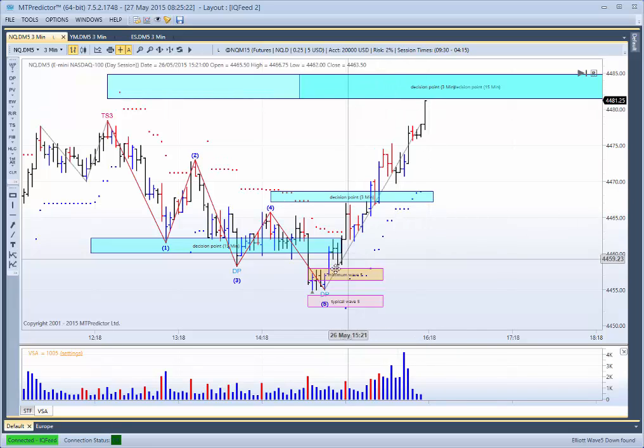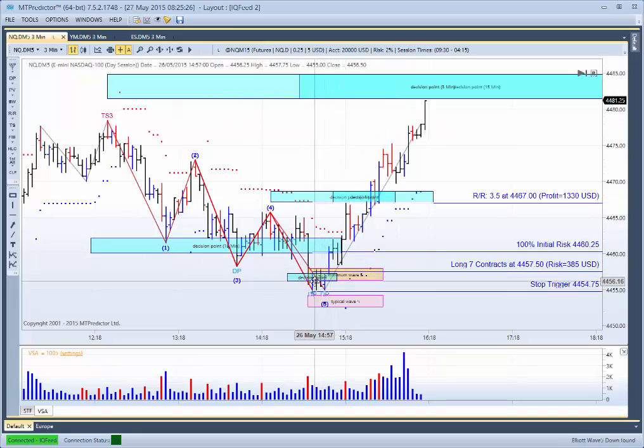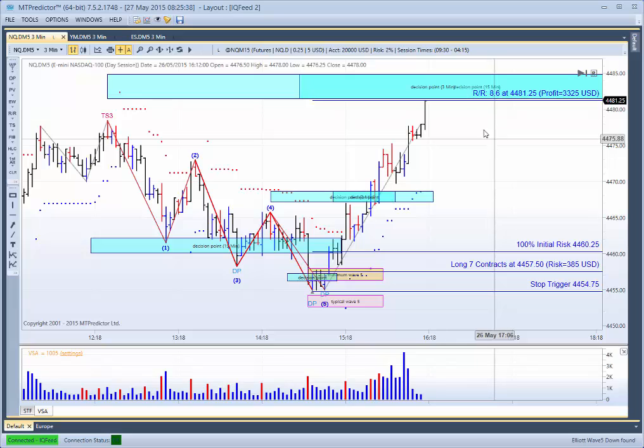So that was another reason why, when we placed the analysis on this bar here, you'd want to maybe look to run your long trade a bit further past this initial target here of 3.5R and try to run it up into the higher time frame resistance area, which is also the DP from the start of the sequence for a 5-wave move, to then increase the profit as well.